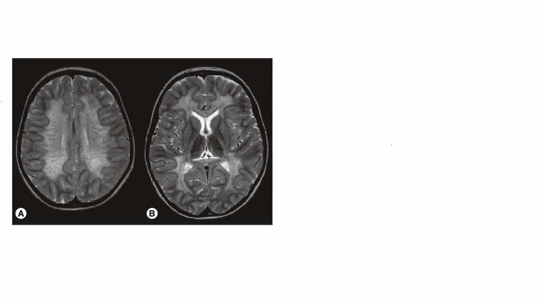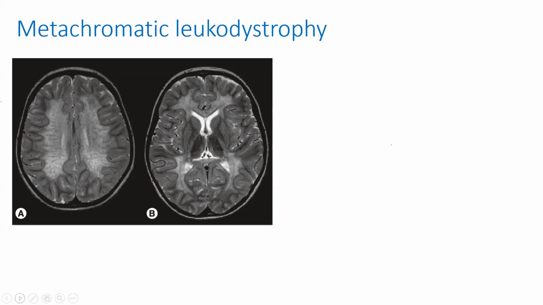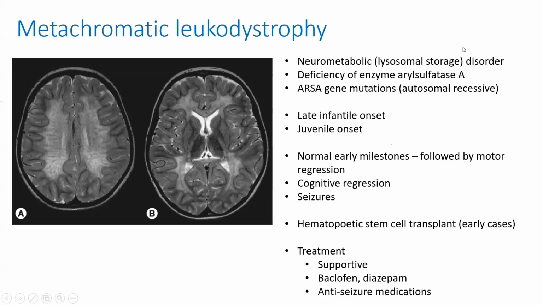This is leukodystrophy, and this is actually metachromatic leukodystrophy. So leukodystrophies as such are a big cohort of disorders that can mimic CP. And metachromatic leukodystrophy is a neurometabolic or a lysosomal storage disorder. So essentially, because of a genetic mutation, there is a deficiency of a particular enzyme.